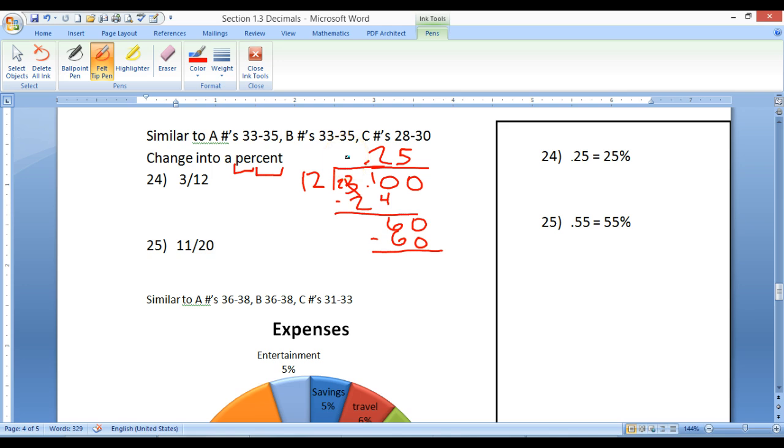Okay, so how does that help us? There are 2 zeros in 100. So to change the place value to make it per 100, you take this decimal here and move it 2 place values, because how many zeros does 100 have? 2. So I move it over 2 times, which makes it 25%.